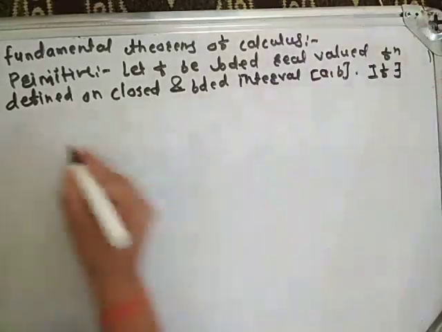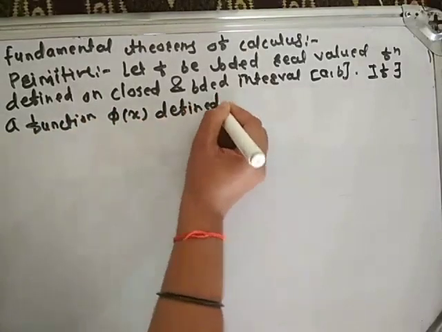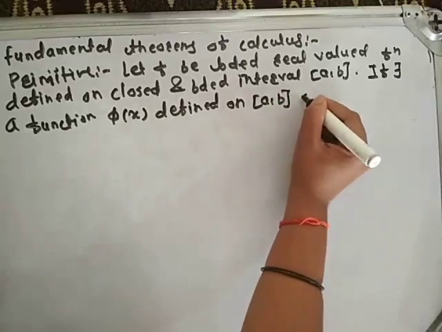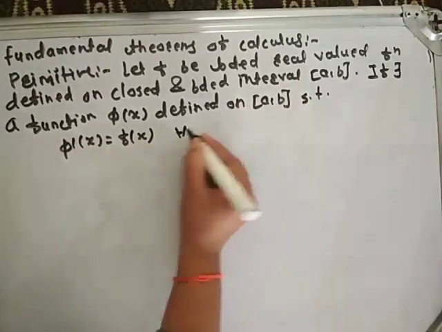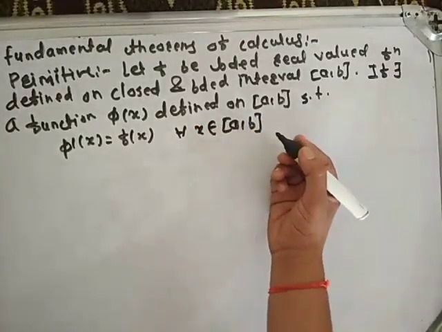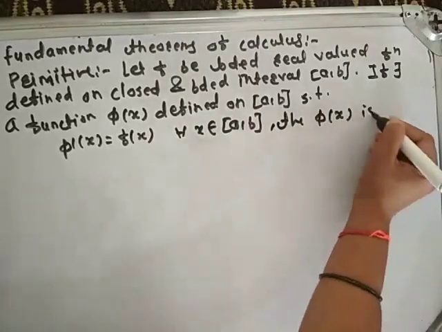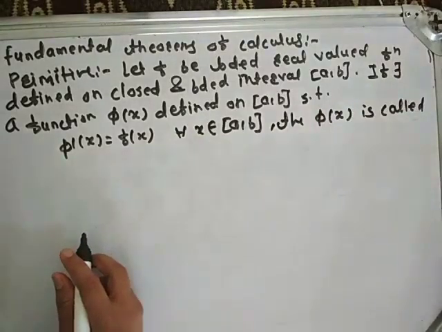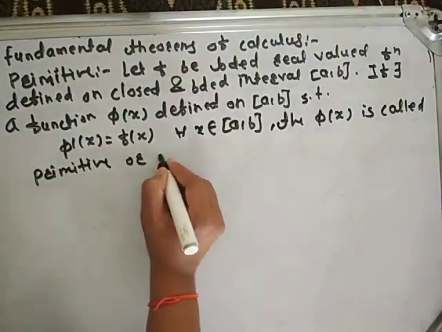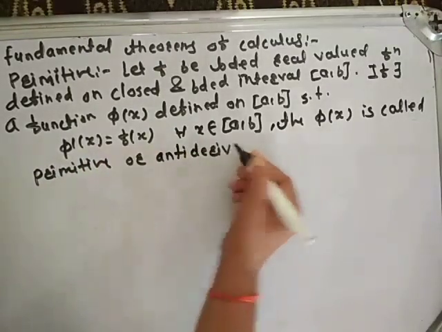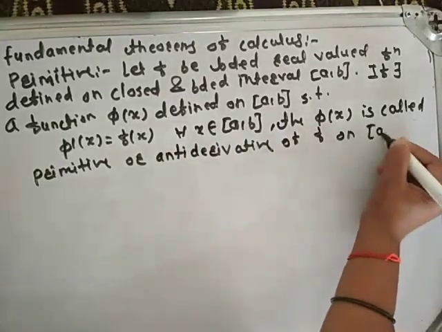If there exists a function phi of x defined on closed interval AB such that phi dash of x is equal to f of x for all x belonging to closed interval AB, then phi of x is called a primitive or antiderivative of f on closed interval AB.